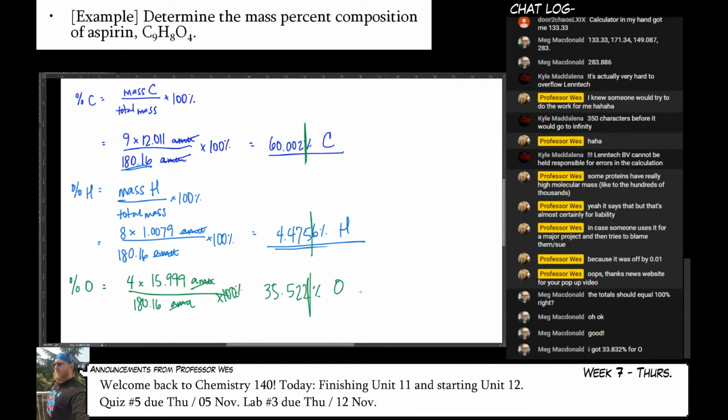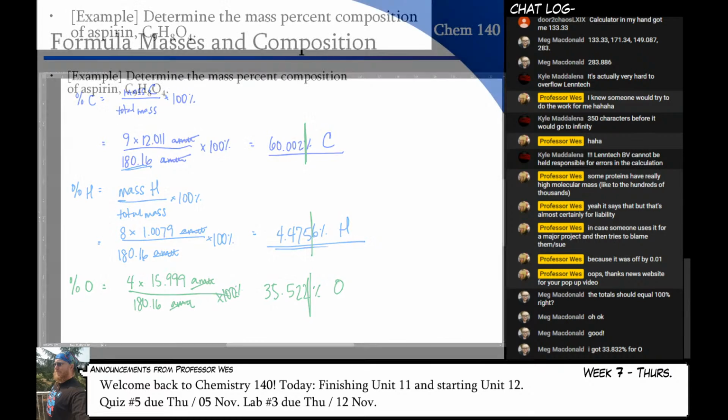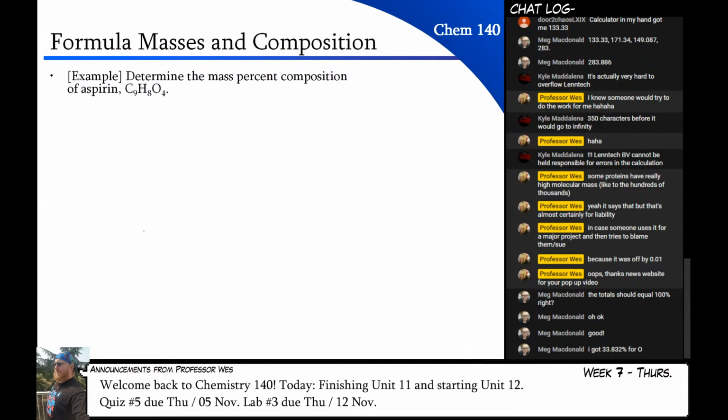Well, that last 6 actually gets rounded away, and it ends up being 100.000. So that's close enough for our purposes. So that's how we do that. Notice that on the screen I have different decimal places because I used a different periodic table.